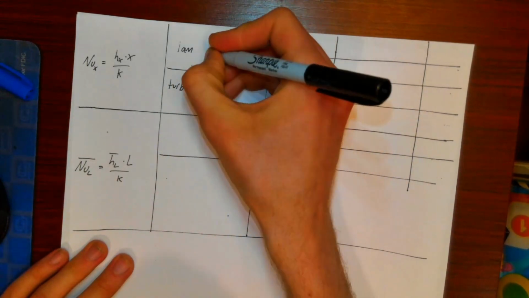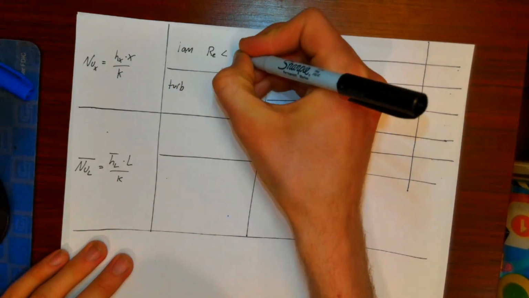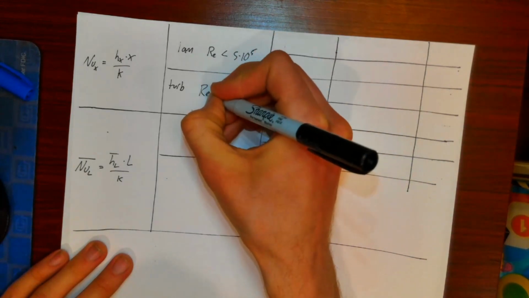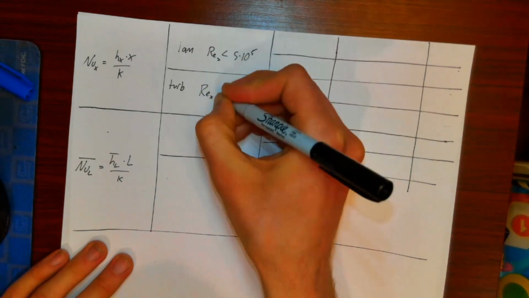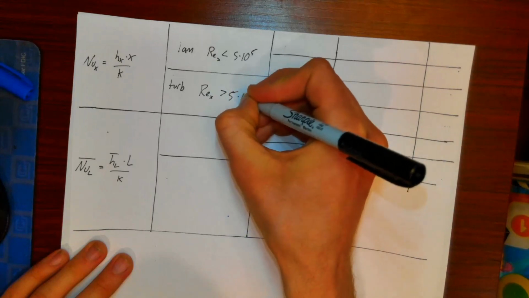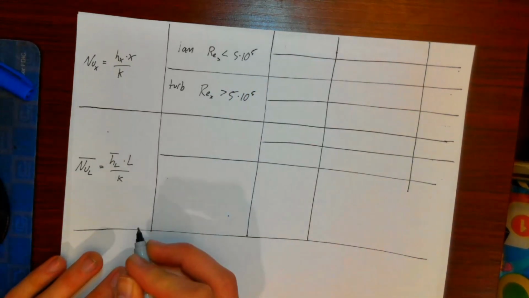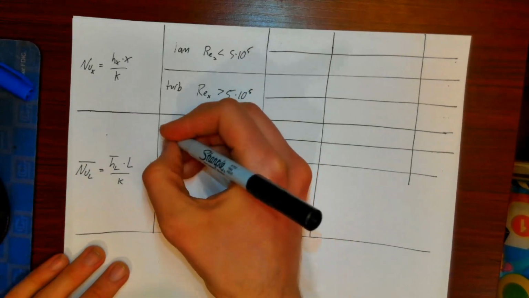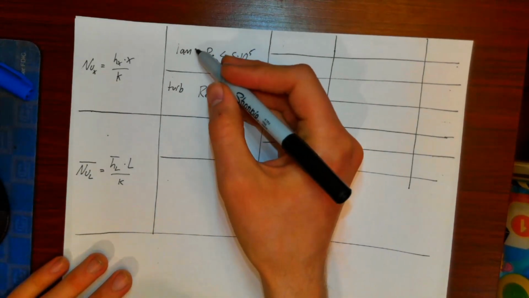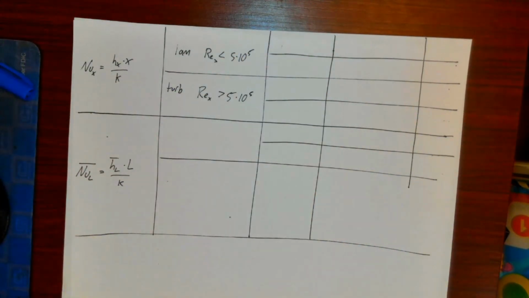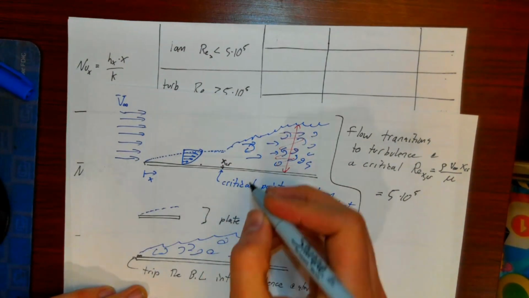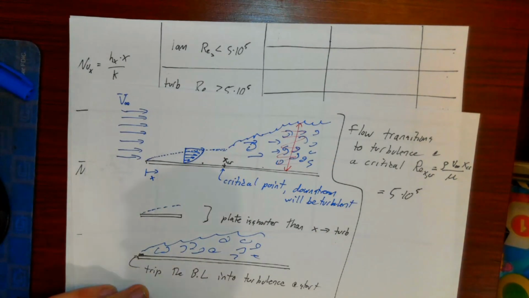And remember, laminar is Re sub x less than 5 times 10 to the 5th, and turbulent is Re sub x greater than 5 times 10 to the 5th. For local Nusselt numbers, it's basically, is the point we're investigating laminar or turbulent.